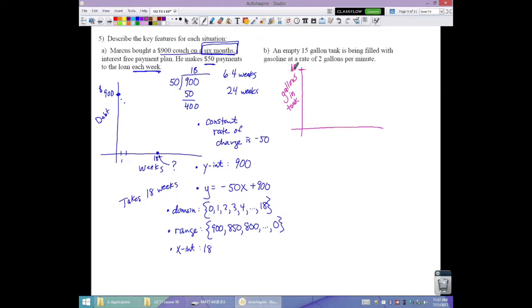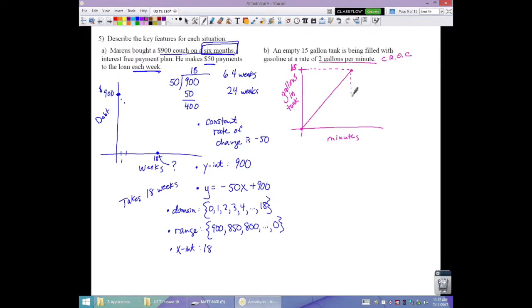That's its maximum capacity. It's filling at a constant rate of change of 2 gallons per minute. So it starts with no minutes filling the tank, no gas in the tank because it's empty. It goes up 2 gallons per minute till it gets to a full 15-gallon tank.